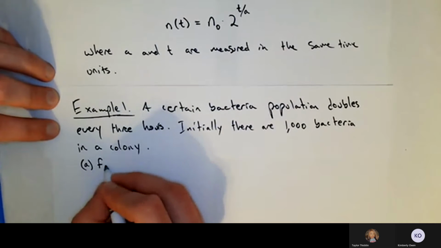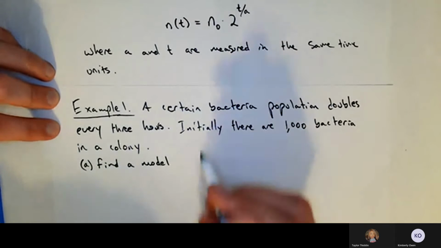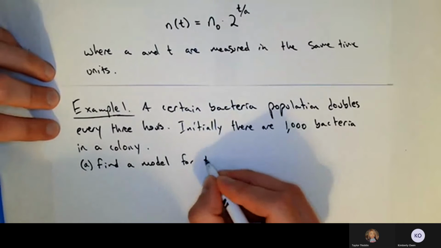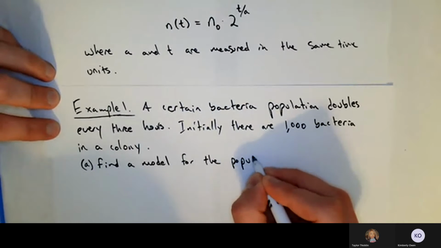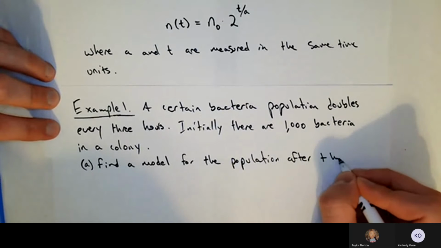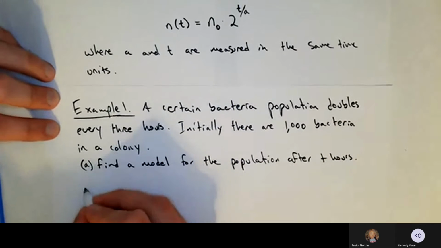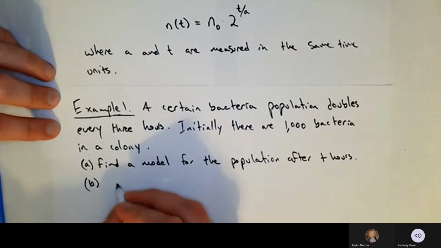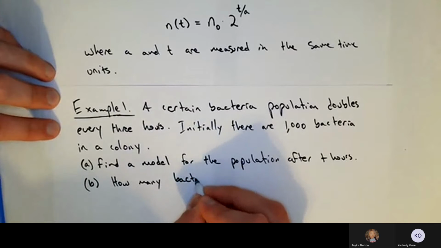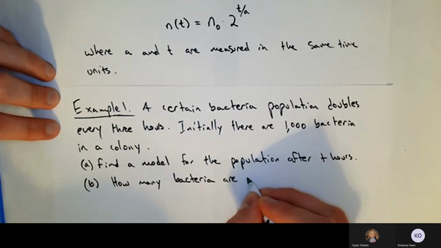Part A says find a model. A model is like a function or an equation like this for the bacteria population after T hours. And part B says how many. So once we have the model, we're asked to use it here. How many bacteria are in the colony after 15 hours?